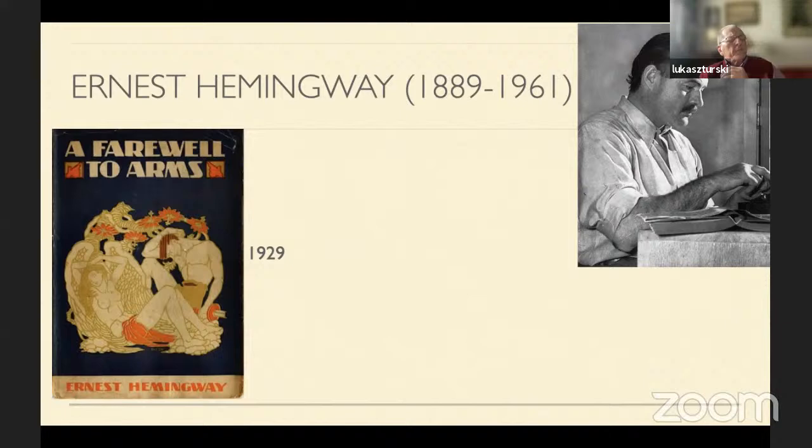We are talking about the First War, and he volunteered to serve as the driver of an ambulance for the Italian army on the Italian front. And he is being badly injured and so forth. This is a remarkable book.